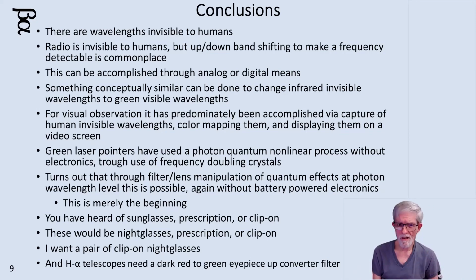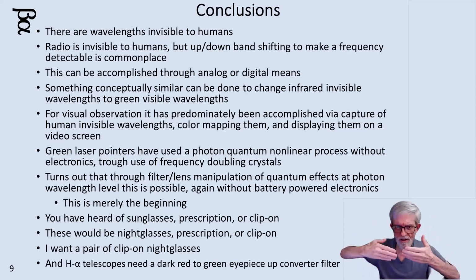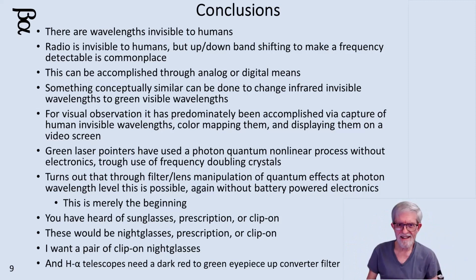This would be something similar. If you created a filter that would convert infrared into green, you would have night glasses. So you could slip on a pair of clip-ons that were night glasses and drive more safely in total darkness.